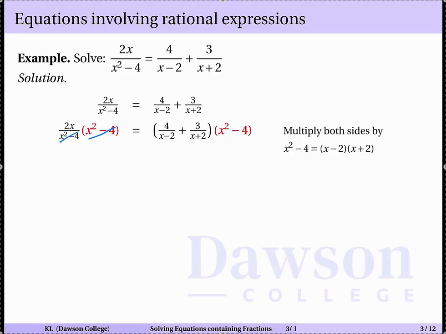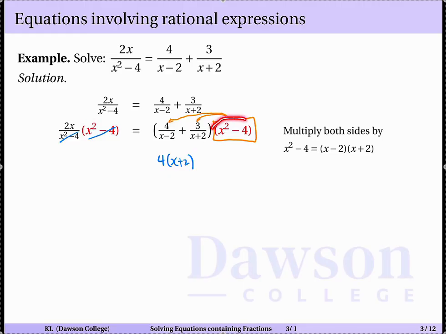On the other hand, for this expression, we will distribute that over this group. And since x squared minus 4 is equal to x minus 2, x plus 2, and we have a denominator here, x minus 2, once we distribute this into this part, we will end up with 4 times x plus 2.